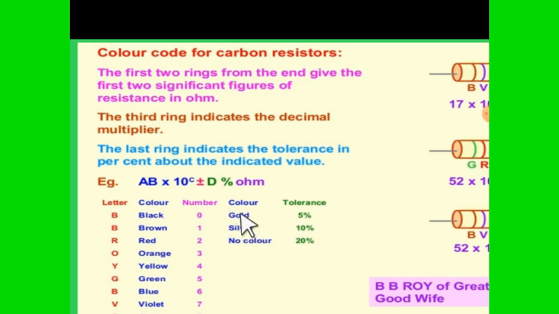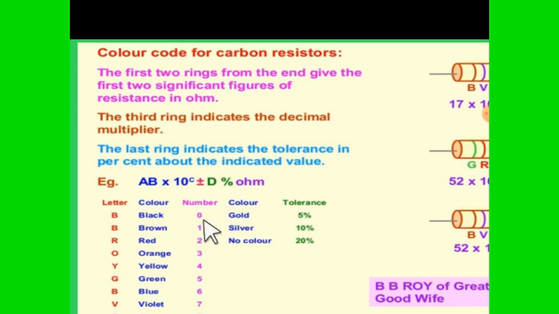There will be only 2 colors, gold and silver, and this one is having no color at all. So you can have either 2 or 3 rings, but the color will be only either gold or silver. And if you are not having any color on the 4th ring, then you need to know that that is for 20% tolerance.